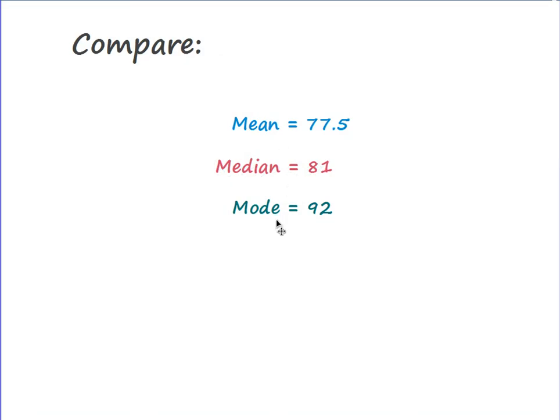Now when we compare the three, these three values are very, very different. And since they're all considered measures of center, we need to make sure that we know the difference between the three. Mean or average is a comparison with all scores and very highly affected by any outliers that may occur.